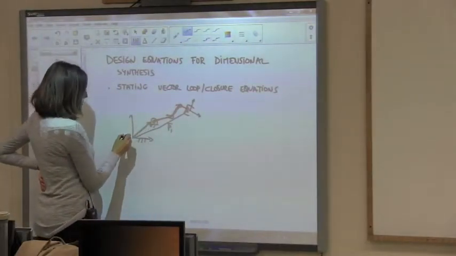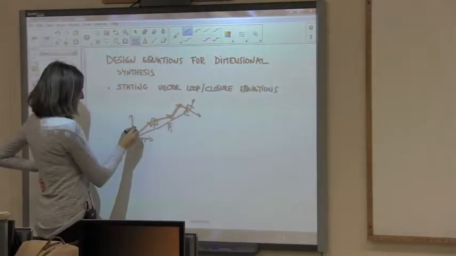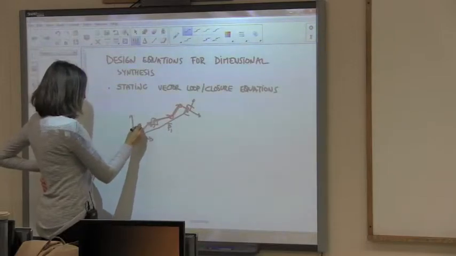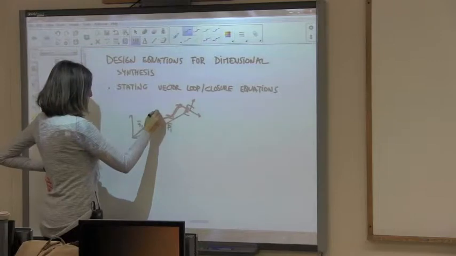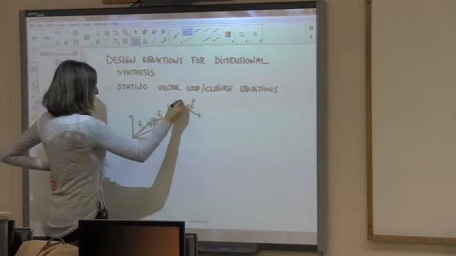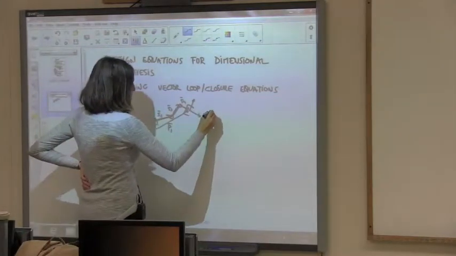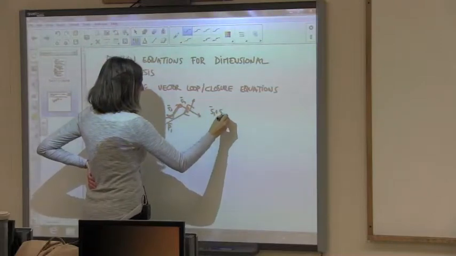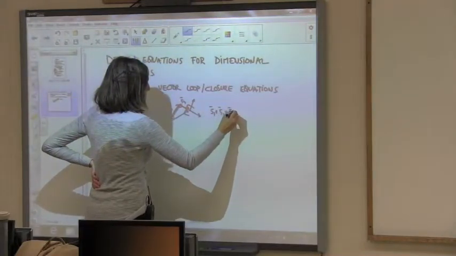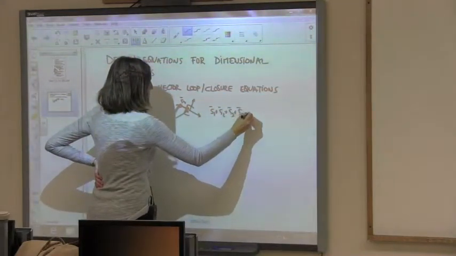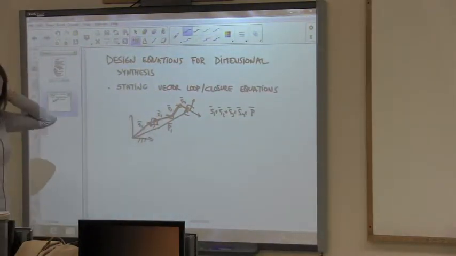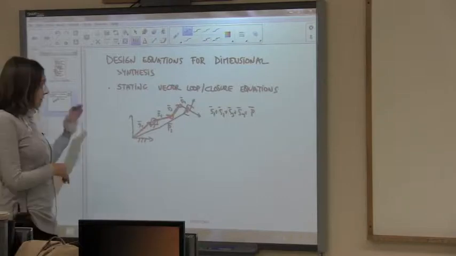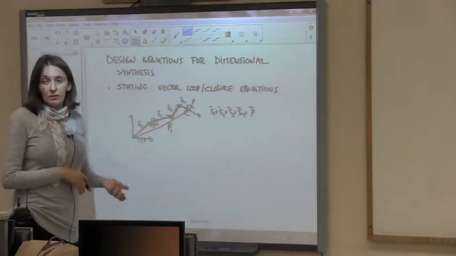So let's say S1, S2, S3, S4. We have S1 plus S2 plus S3 plus S4 equal P. Okay. So that gives you the point. It doesn't give you the orientation, but you can write similar equations just adding the angles.